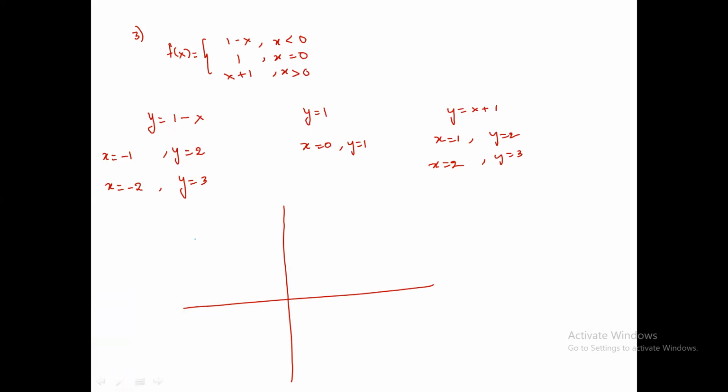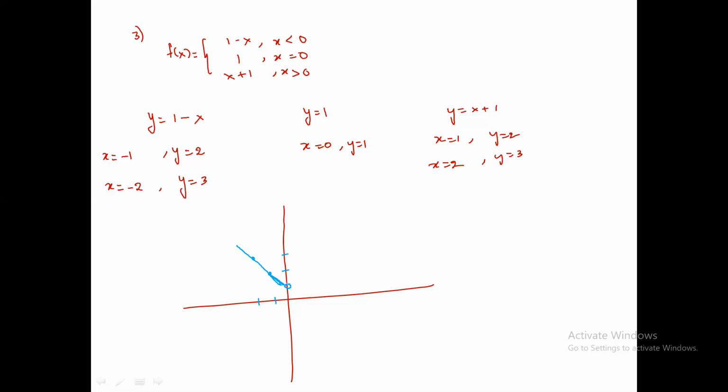First, I will plot (-1, 2). -1 is here and 2 is here. (-1, 2), (-2, 3). So this is here. That means the straight line comes from here till here.